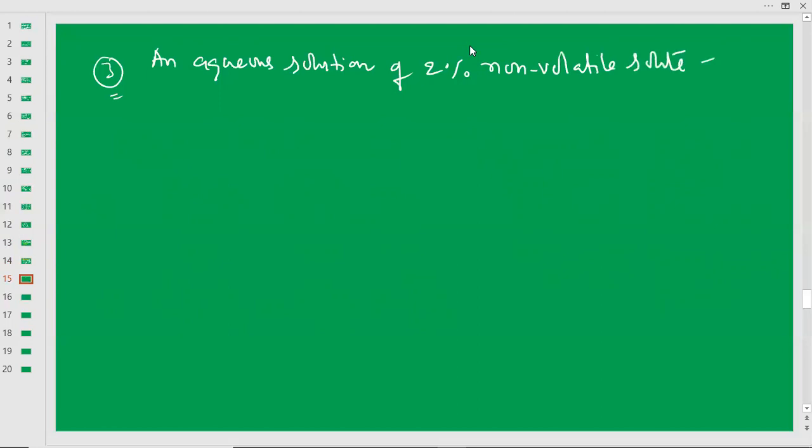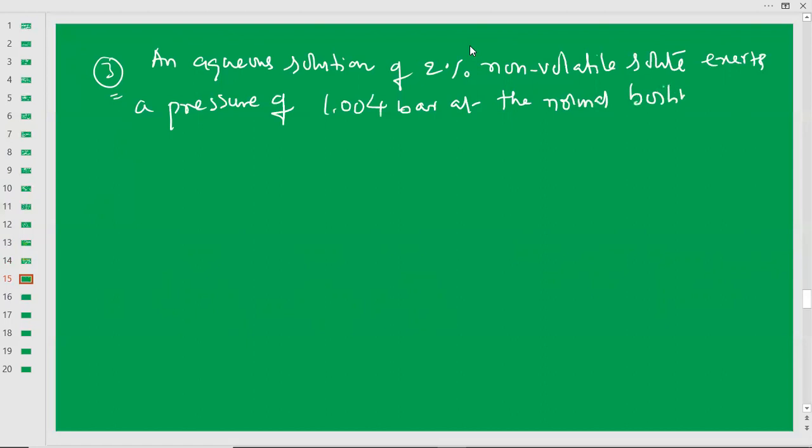An aqueous solution of 2% non-volatile solute exerts a pressure of 1.004 bar at the normal boiling point of the solvent.